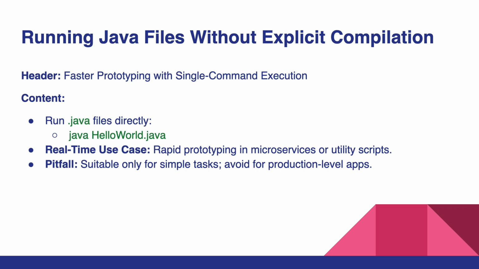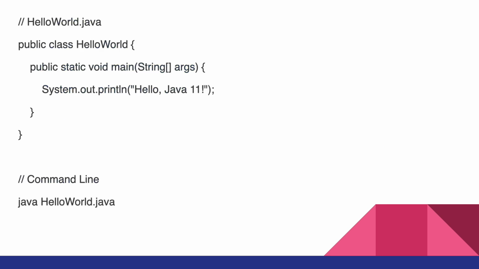Here is a quick demo. You can see in this example, I have simply written a Java class, public class HelloWorld, and provided one static method, public static void main, and I have printed a message like Hello Java 11. And now after that I just write the command java HelloWorld.java.